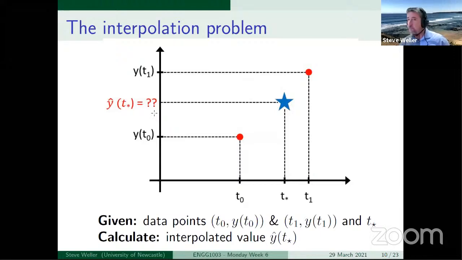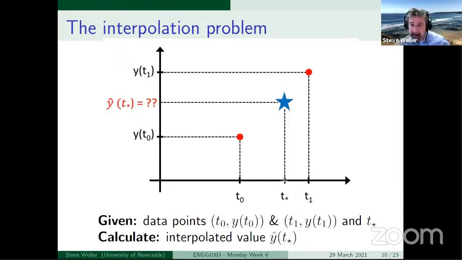And the interpolation problem, in general, is to come up with an estimate of the function value, not just at a particular t star, but at any t star that lies along this range. So we want a process that enables us to fill in or estimate the missing data at any point in time corresponding to these two red dots.